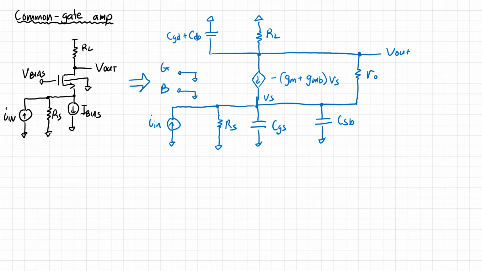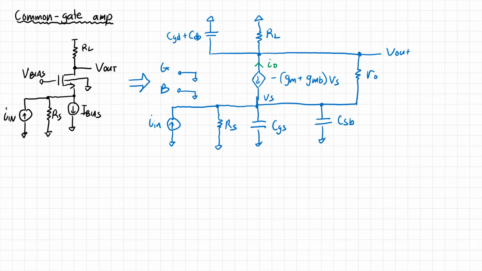What we'd like to do is find the gain of this circuit. Remember, our input is now a current, so we want to figure out the output voltage. But in this case, we're mostly interested in finding the output current here, IO.